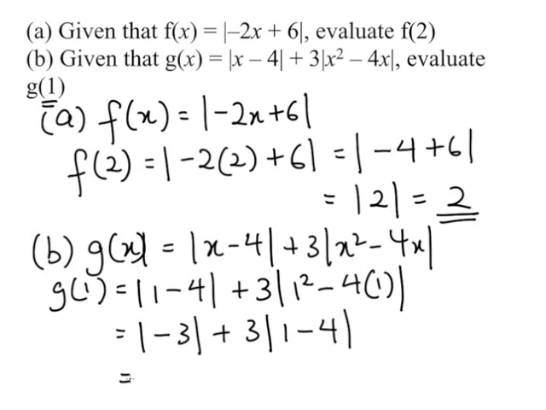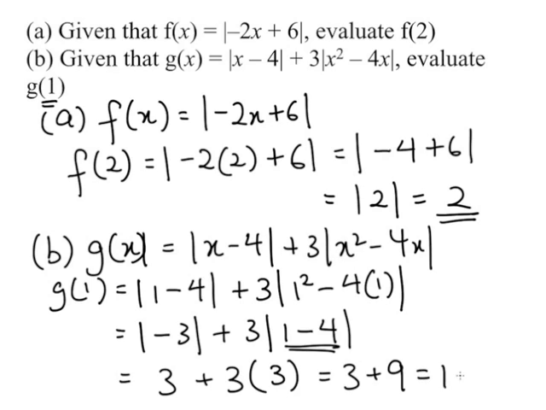Now the modulus function on -3 will give us 3, and this one here will give us -3, which will result in 3 times 3, which is 9. So the total value will be 12.